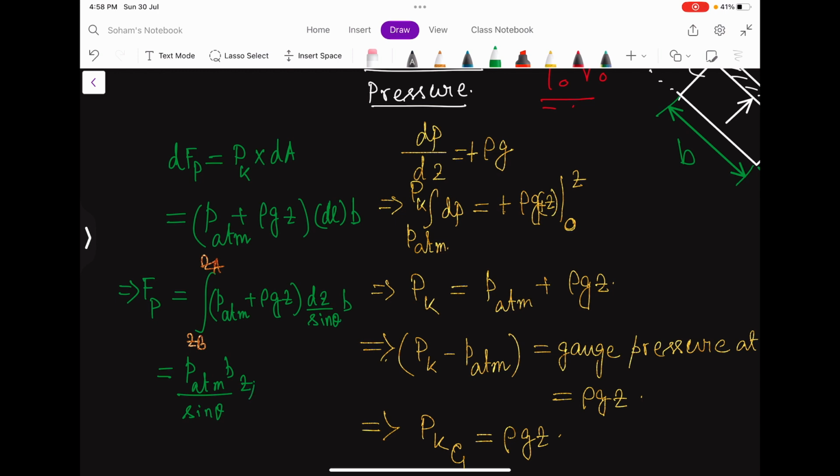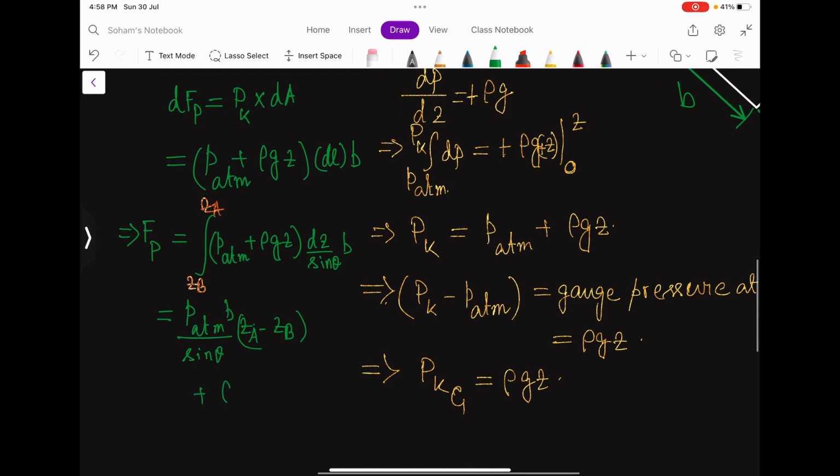So this will be za minus zb, plus rho g by sine theta, and let us put it in this integral form.